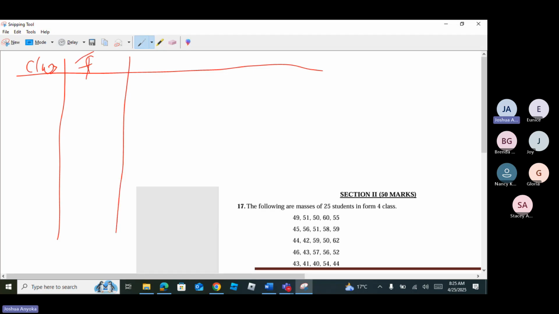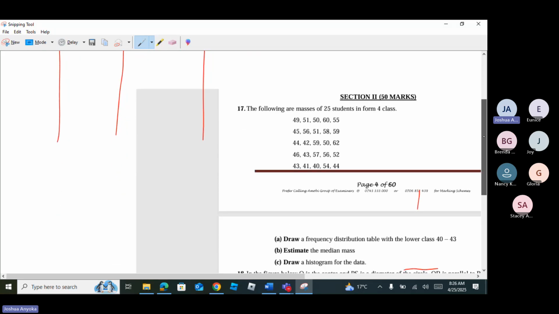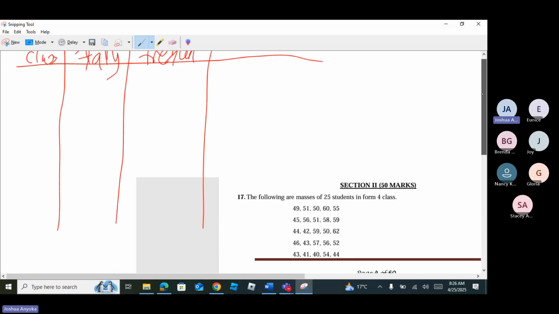So we start with the class, sometimes we do tally, and then we do frequency. I'm including this column because sometimes the class must be started. So we are starting with the lower class 40 to 43.